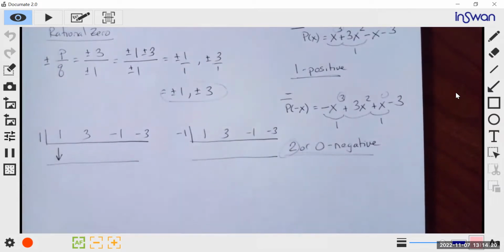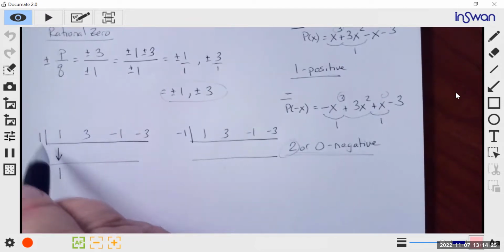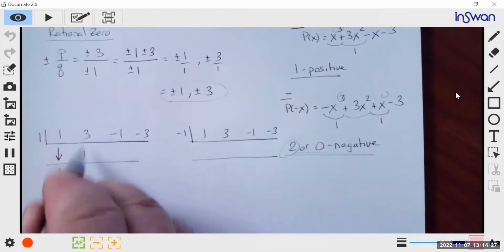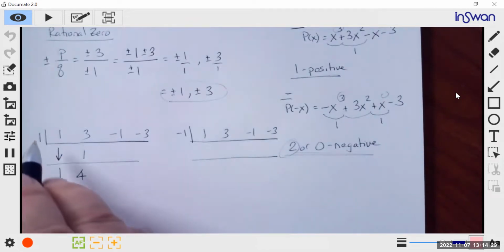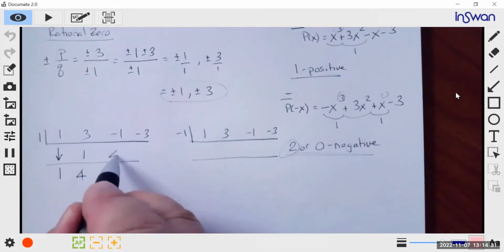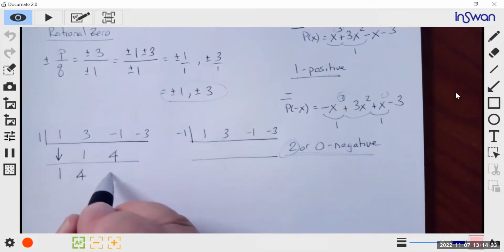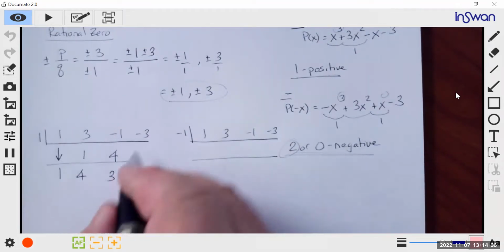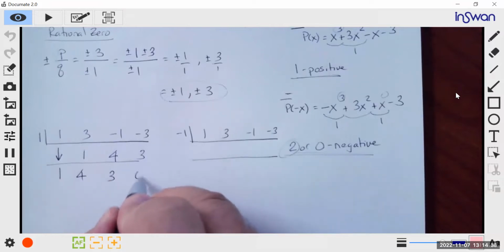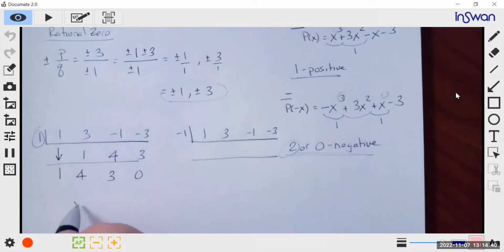Bring down the first term. Multiply and add. 1 times 1 is 1. 3 plus 1 is 4. 1 times 4 is 4. 4 minus 1 is 3. 1 times 3 is 3. 3 minus 3 is 0. So x equals 1 is a solution.